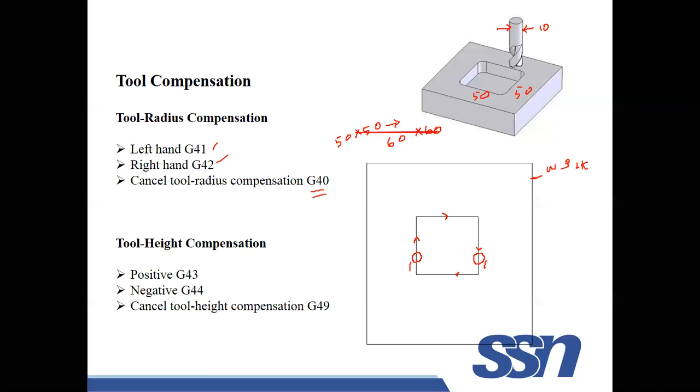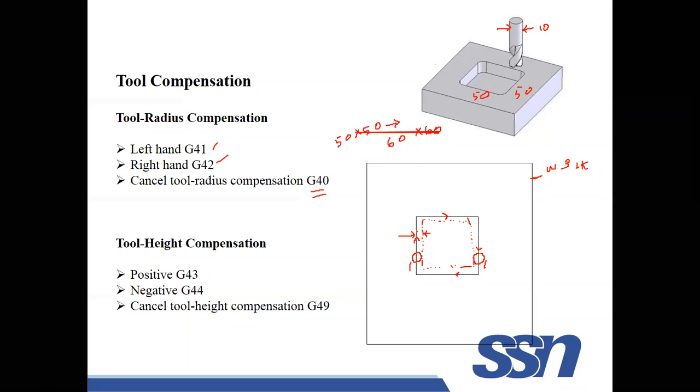Understand? So, in order to avoid this kind of thing, instead of following this point, I can define a point like this. The tool path I can take, if I give the tool offset option, which is offset 5 mm, left or right. This is the right offset. Why I am saying right is, if you are moving along this direction, if you are walking on this line, this offset is on the right hand side.